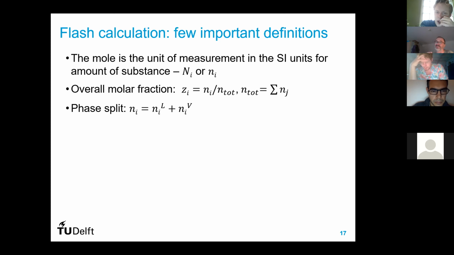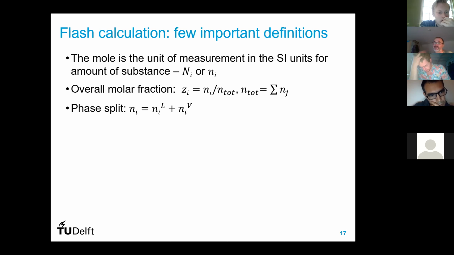But because you mix, some of them vaporize and participate in the vapor phase. And some of the gas molecules, very light molecules, will dissolve in the liquid. So that means that any number of the molecules will be separated between these two phases.